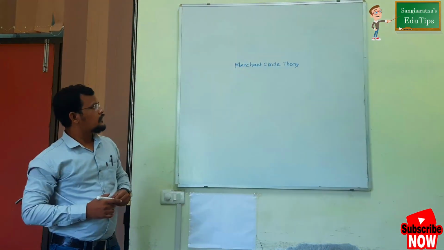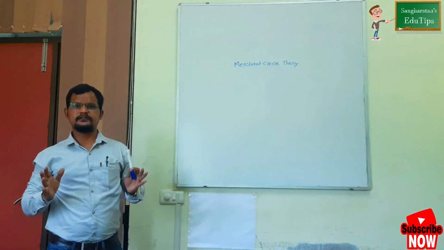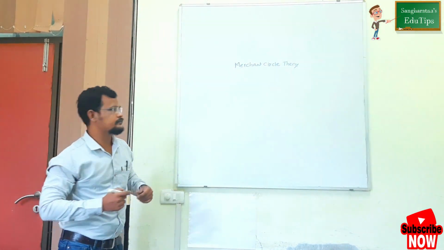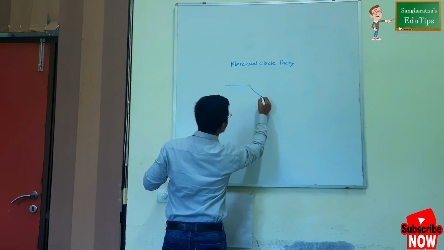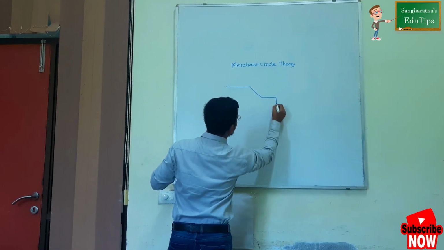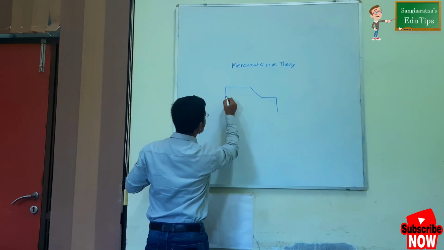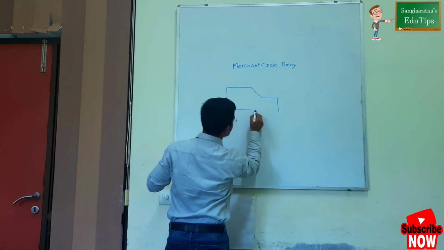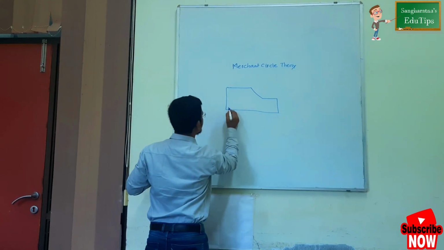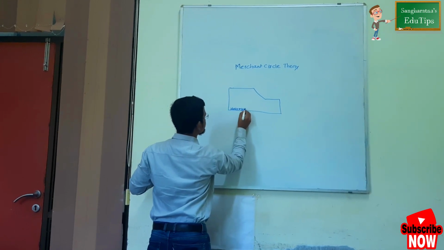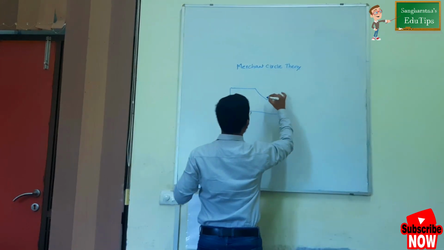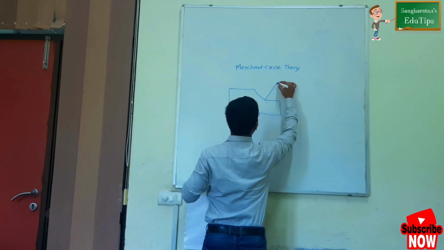So, I'll first draw the figure of a simple mechanism of single point metal cutting. This is basically the workpiece. Here I am using a single point cutting tool.